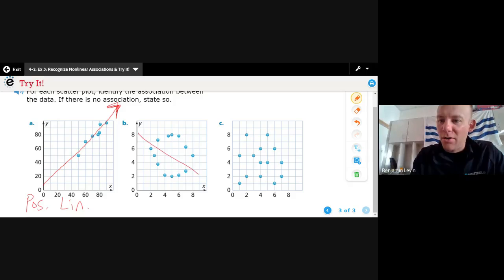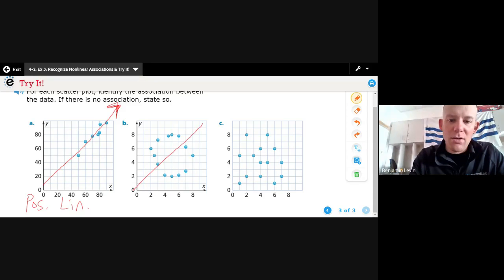The only thing we could do is a circle, and that really doesn't count, right? Because a line can be curved, but it can't connect to itself. If it connects to itself, it's not a line anymore. A line goes on forever.